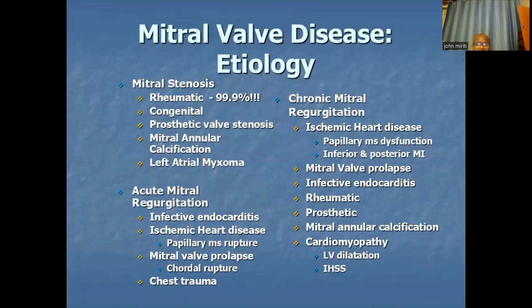The other is mitral valve prolapse. Others are infective endocarditis, rheumatic heart disease, prosthetic conditions, and mitral annular calcification. Another is cardiomyopathies, which can result in left ventricular dilatation, or ischemic heart disease.